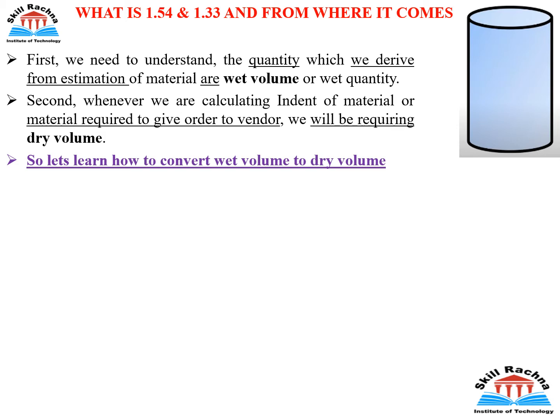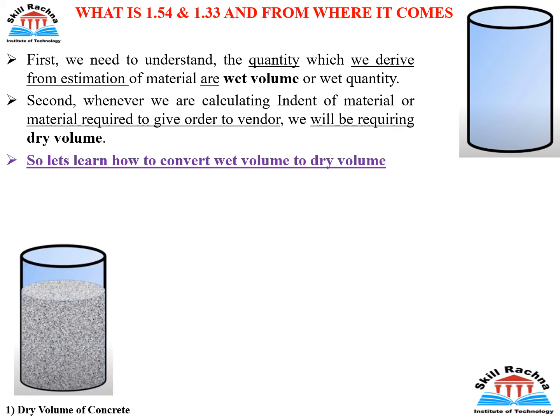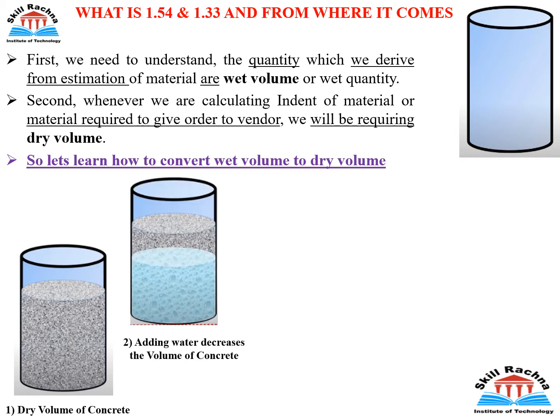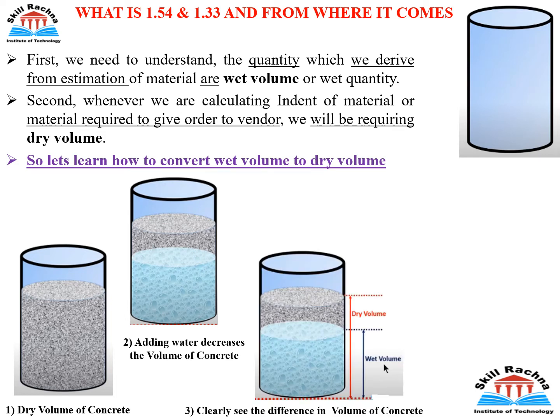For that we are taking a cylinder. That is dry. In that we are going to put a dry volume of concrete. Now we are going to add water to it. As soon as we add the water, we can clearly see that the level has decreased. Now you are able to understand that when it was a dry volume it had a higher level.